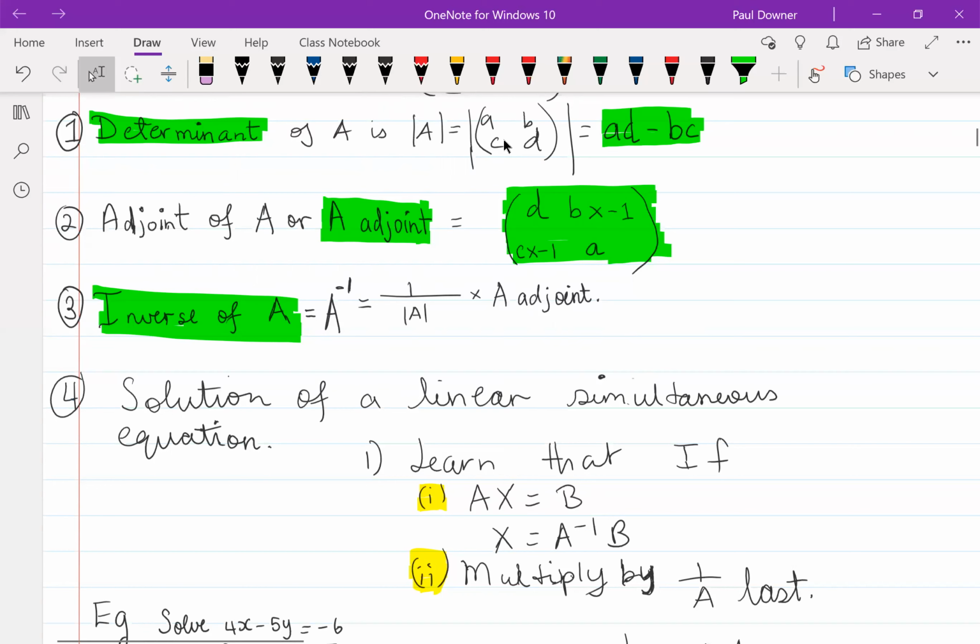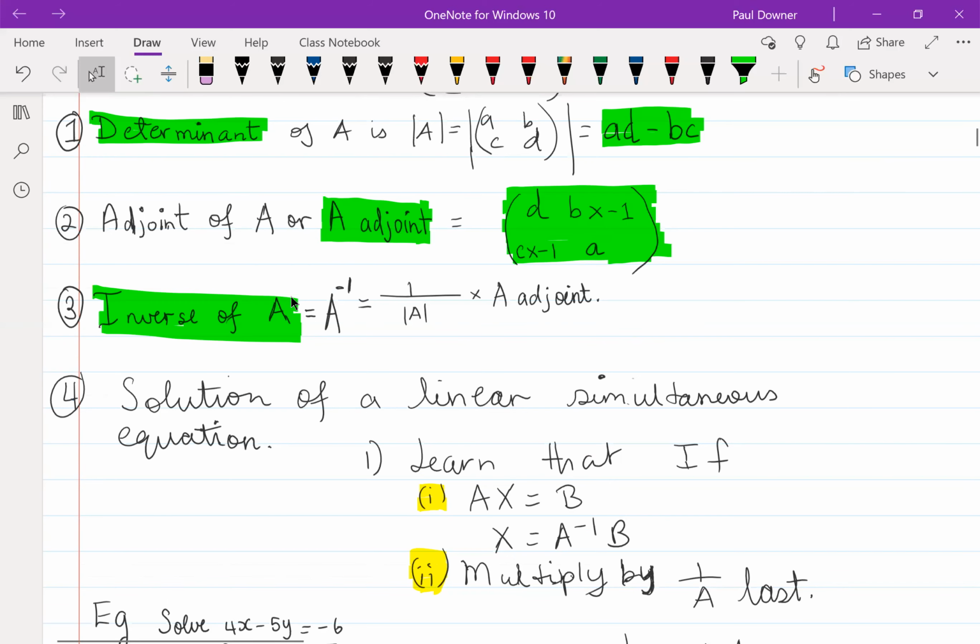A shortened way of calculating that answer is simply to change the sign on the original number. So let's say b was 2, then in the adjoint, b will now become -2. Let's say c was -4, then in the adjoint, c will become 4. All you do is you change the sign, but that's equivalent to doing this multiplication.